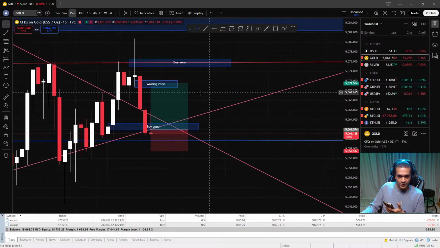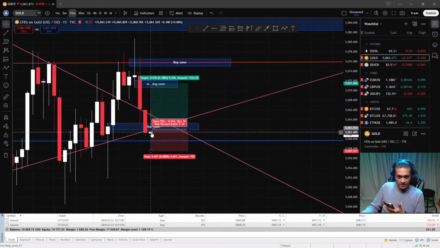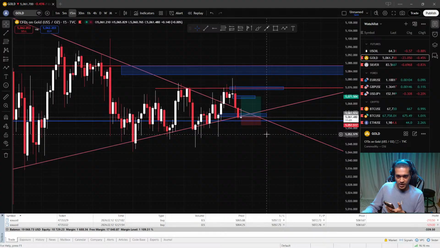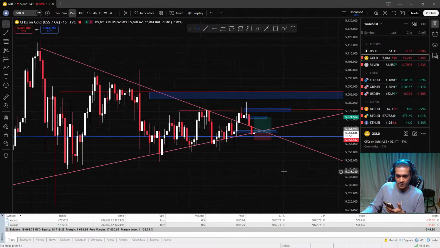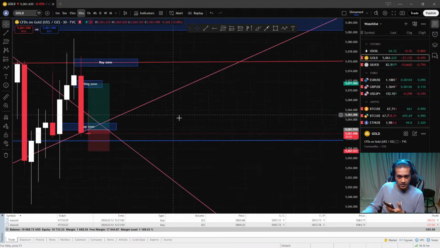It was not a good indication, this candlestick rejection. If this candlestick rejects like this, we are looking at a possible reversal breakout on the support. M30.